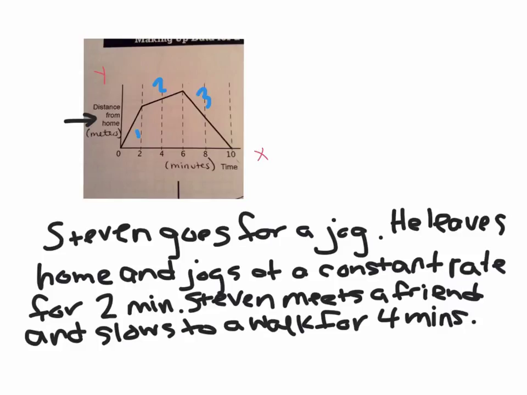Now what happens from 6 to 10 minutes? Well, he's getting closer to home, right? Because our distance from home is going down. It's decreasing. But our rate is increasing because that line is super steep. So that means that Stephen sped up.